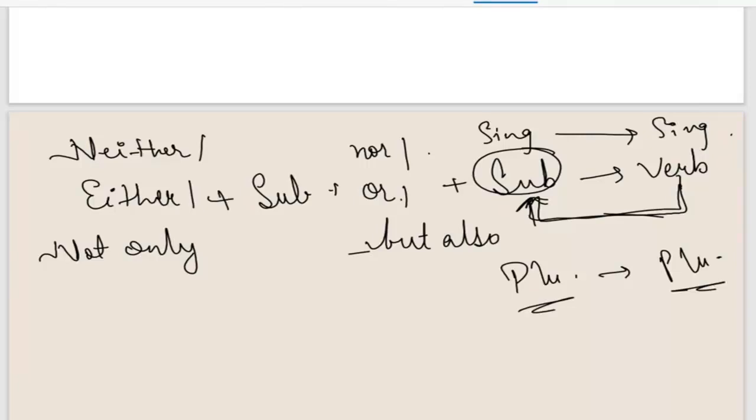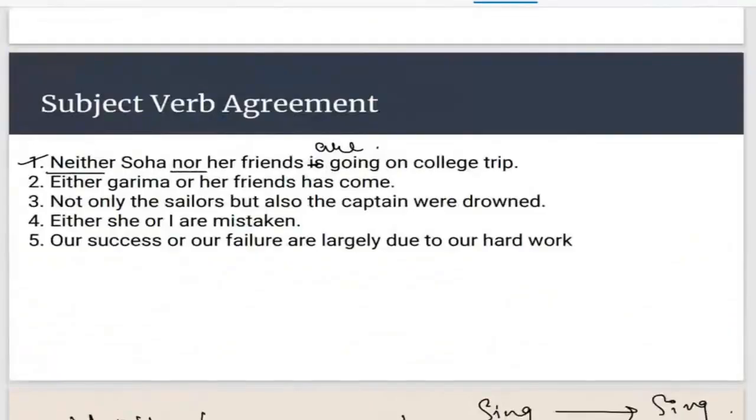And this is what we are applying now. Now we'll see the application of this rule. Have a look. Neither Soha nor her friends is going on the college trip. Here neither nor has been used. This is subject 1, this is subject 2.